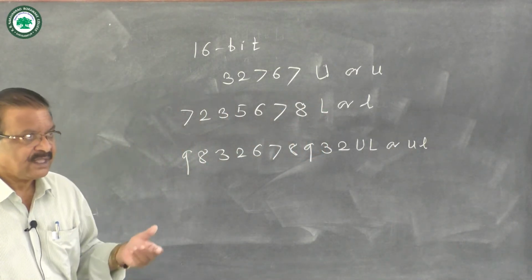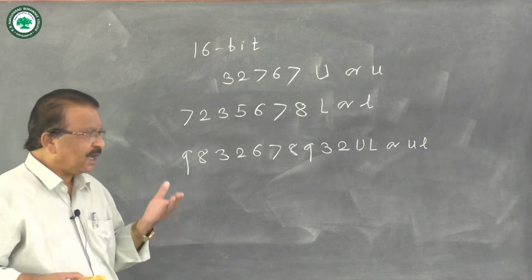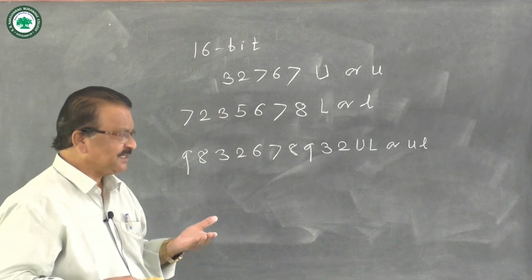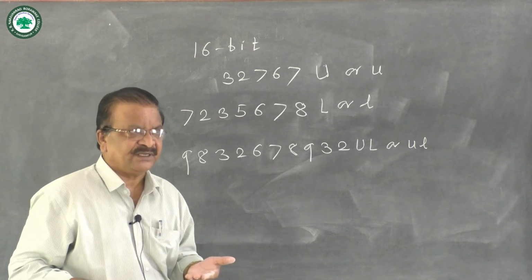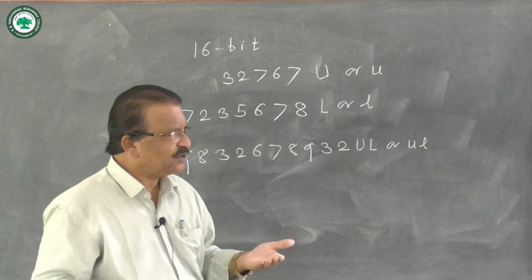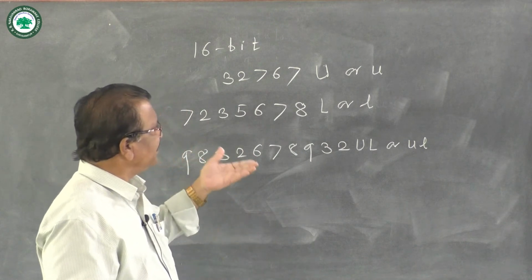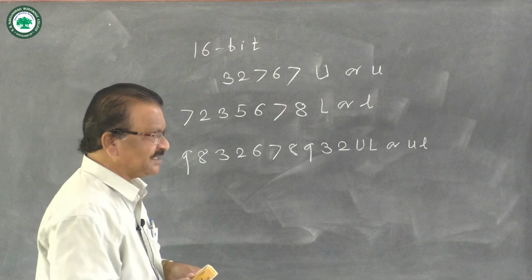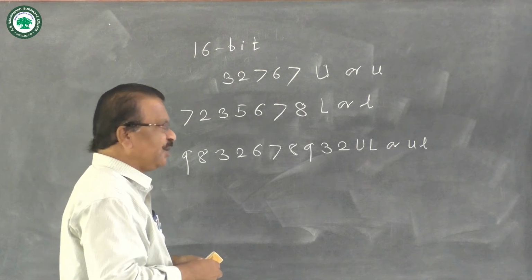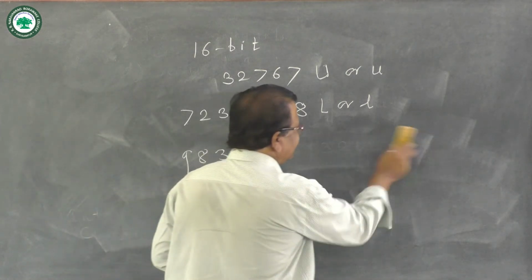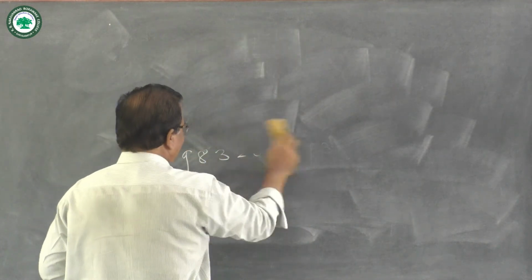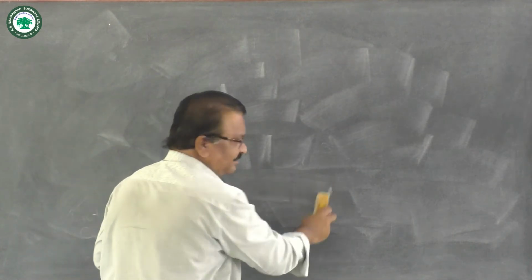So this is how, although there is a limitation on the largest number that can be stored on a machine, you can still store larger numbers on these machines by appending these qualifiers U, L and UL, namely unsigned, long and unsigned long.